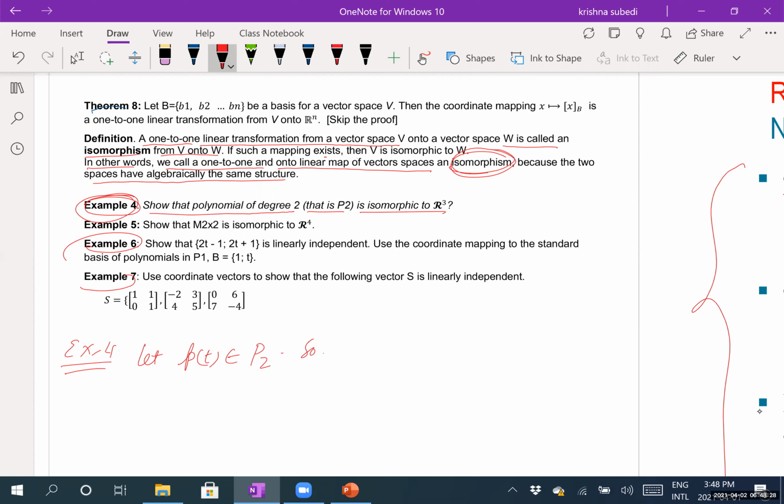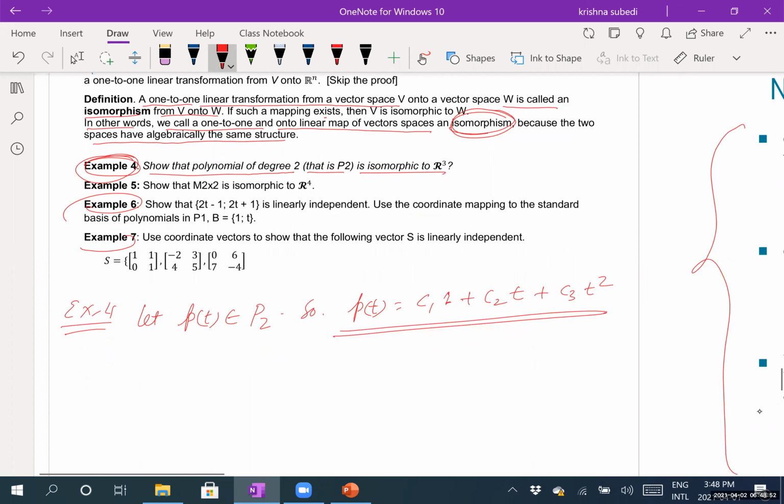Then P of t can be written as C1 times 1 plus C2t plus C3t square. This is the standard form. Any object which is a polynomial of degree 2 can be written that way.